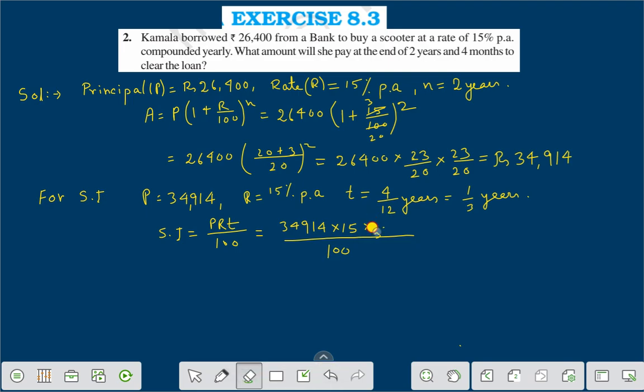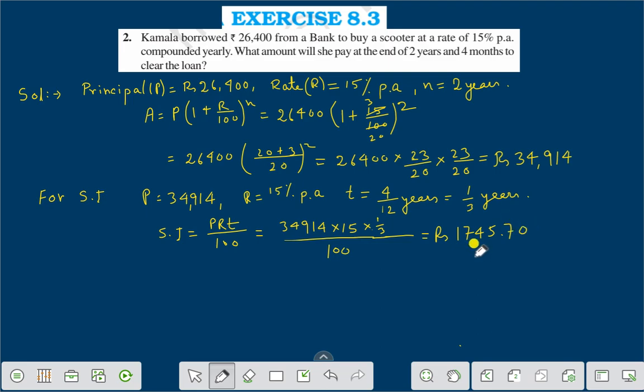After calculating this, we are getting rupees 1,745.70.